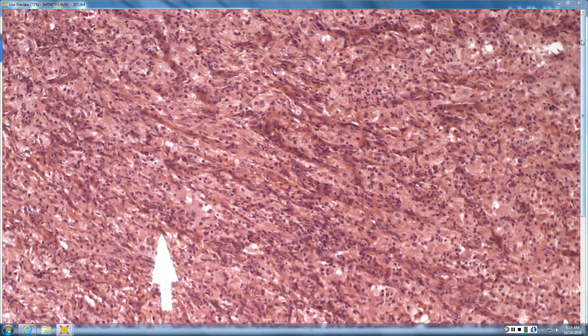So none of this is phagocytosis. That's what tells you it's emperipolesis rather than phagocytosis. The difference is who's the aggressor. In phagocytosis, it's the histiocyte engulfing and digesting the plasma cell. In emperipolesis, it's the plasma cell that's moving through the histiocyte.